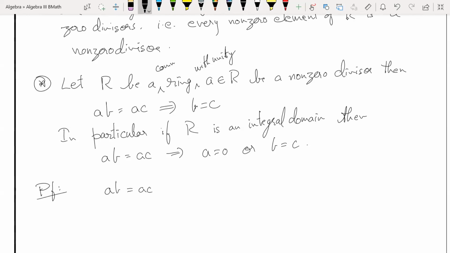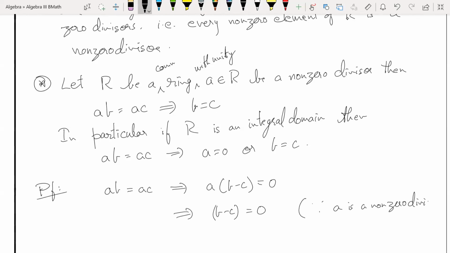This implies A times (B minus C) equals 0 by the distributive law, and this implies B minus C equals 0, since A is a non-zero divisor.